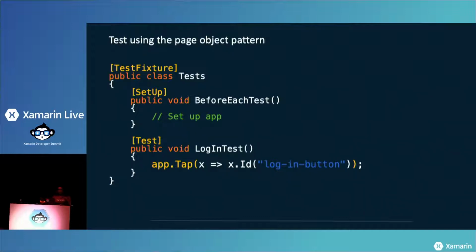The beauty of using the page object pattern is it makes it more generic. Remember those pages I was talking about? It literally becomes, in the login page, perform the login action, and then use this username and password. So it makes it easier to read also. Anyone who's not done testing before, who's thinking, oh my God, how am I going to write a C# test, can just come in and say, oh, this kind of just reads like English. This isn't so hard to understand. I know what's going on in this test, right?